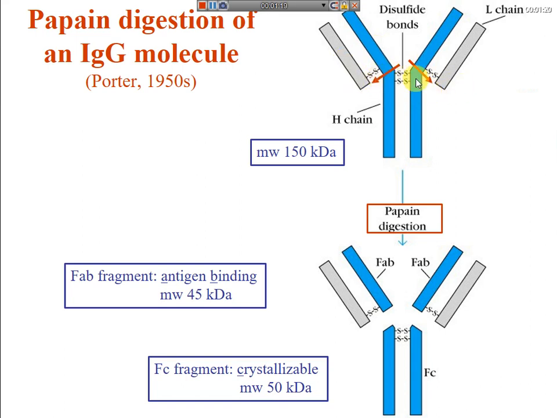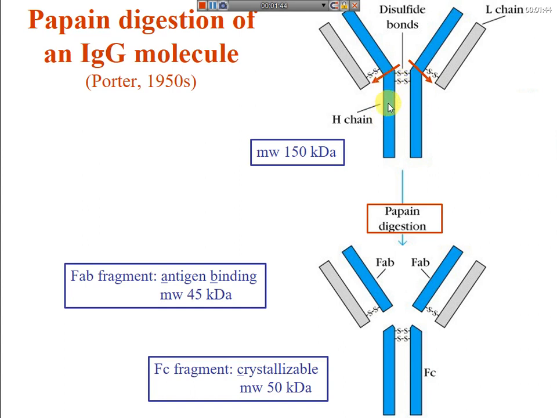And both the heavy chains are also held together at the hinge region, just before the CH2 position. At the hinge region, interchain disulfide bonds are there, and this papain enzyme cleaves the antibody molecules just above the interchain disulfide bonds between the heavy chains, right?